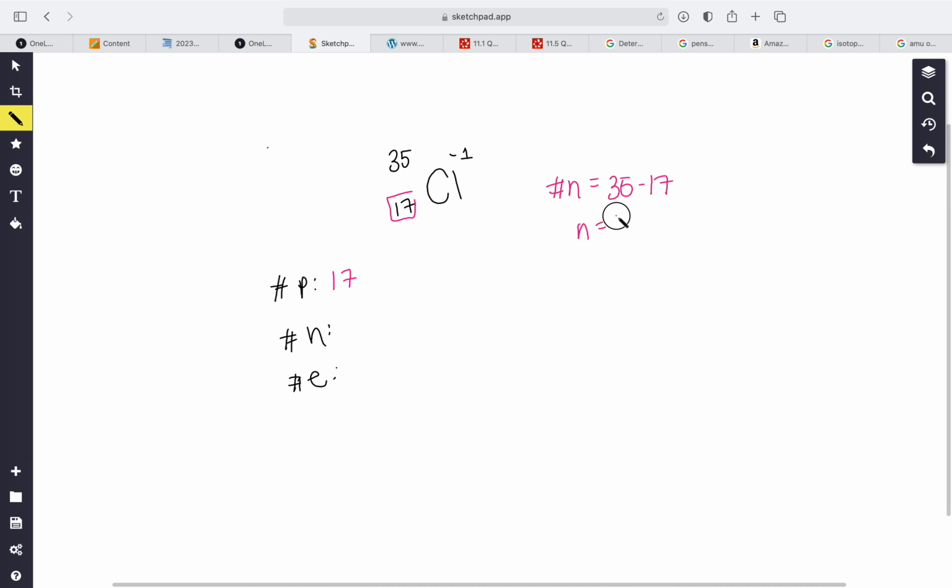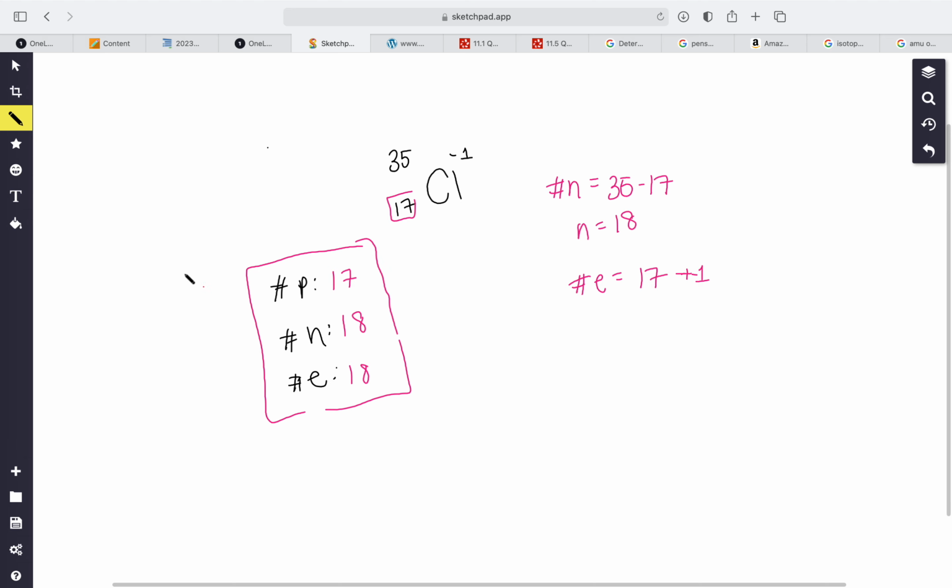Okay, so neutrons is equal to 18. Let's put that down here. And then the number of electrons is equal to the neutral point, which would be 17, minus -1. So minus -1 because it becomes a positive. So we're going to have 18 electrons, and there is our final answer.